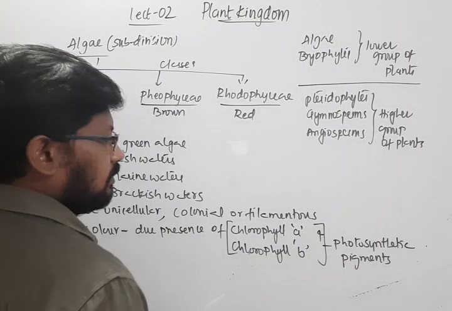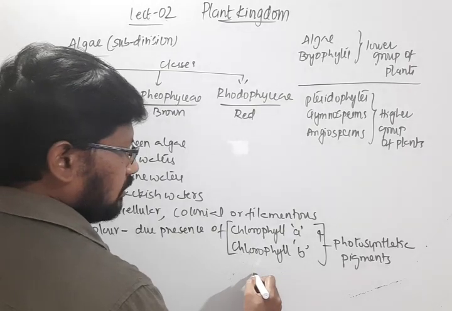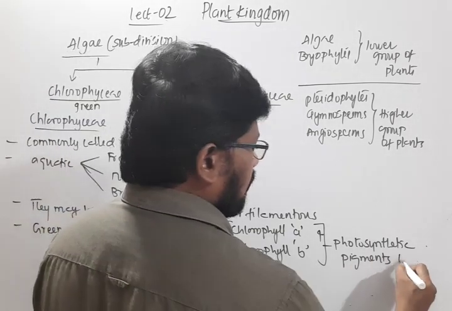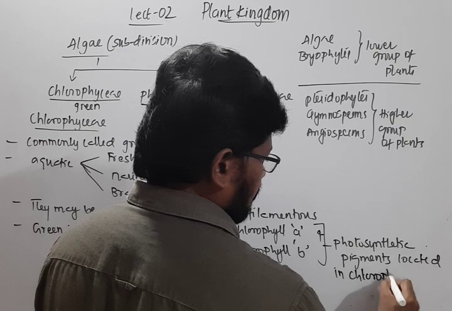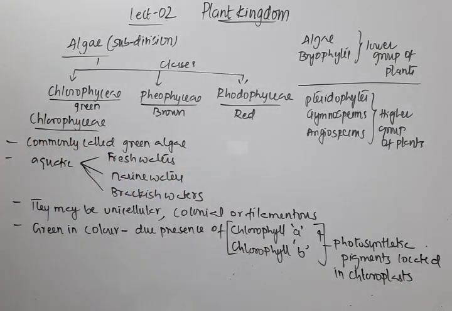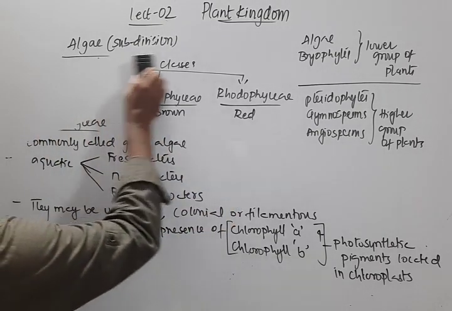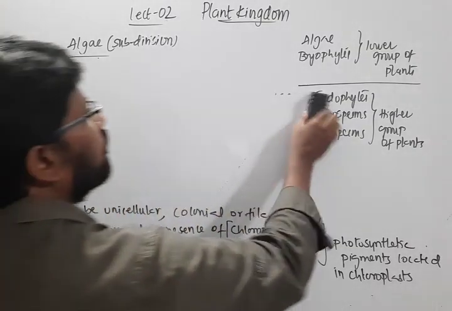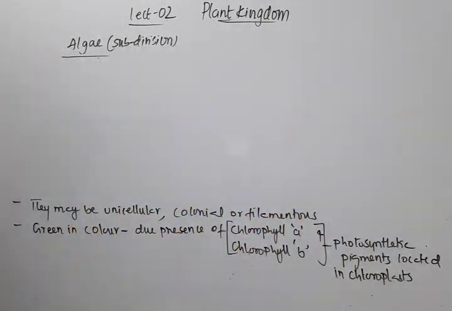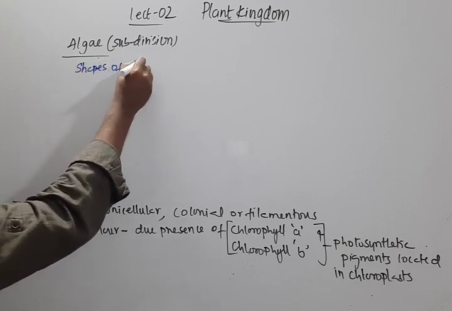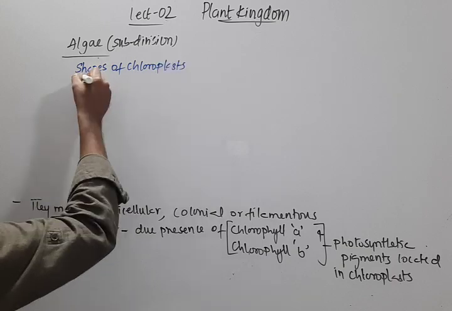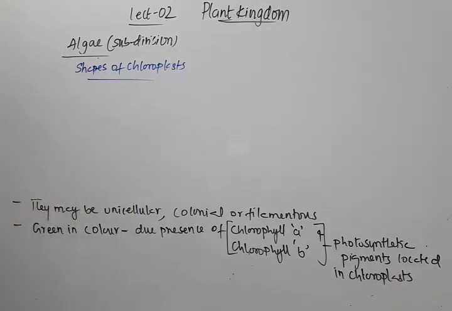I told you that the photosynthetic pigments are located in chloroplasts. Chloroplasts have various shapes, especially in the members of Chlorophyceae.